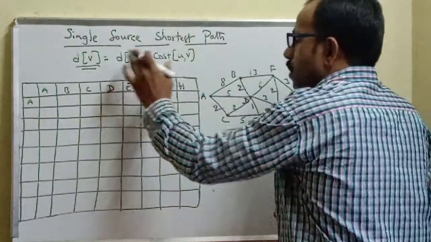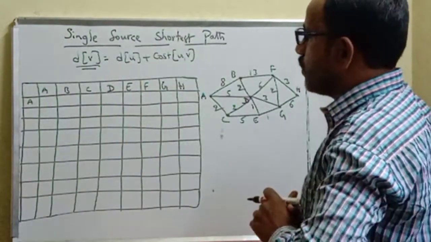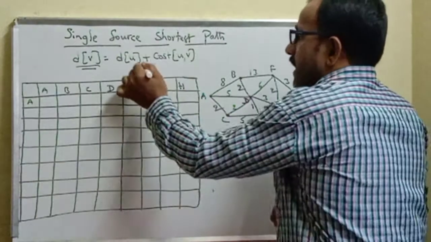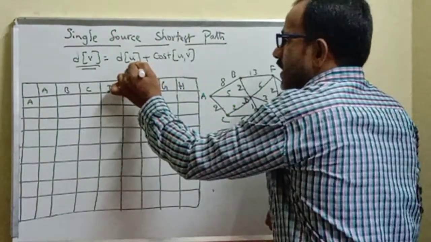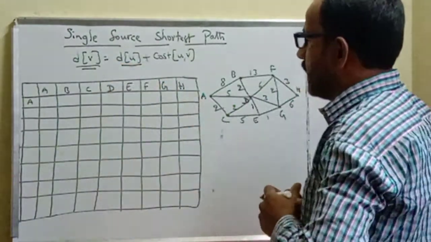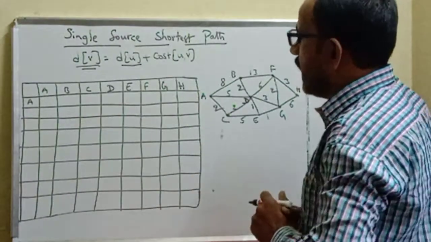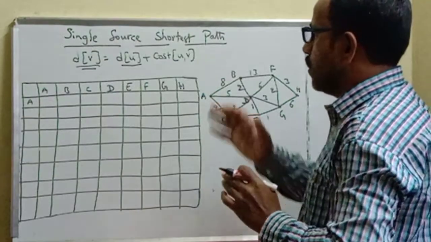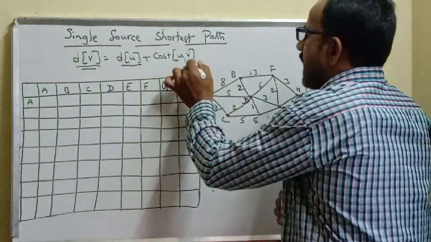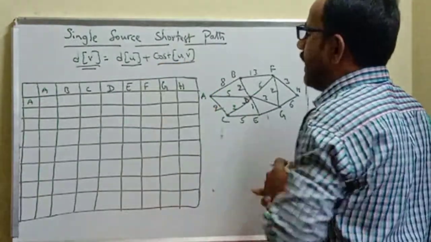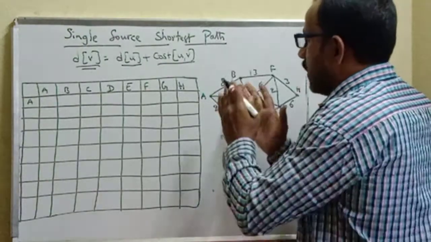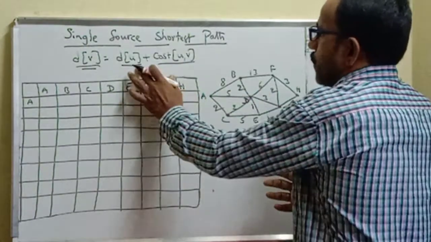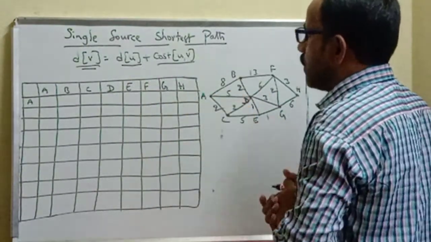To calculate the shortest distance from the source node to v, we use the already calculated shortest distance from the source to u, that is d of u. The same as d of v, it is the shortest distance from the source node to u. If there is a direct edge between u and v, you add that edge cost to d of u. Then we get the shortest distance.